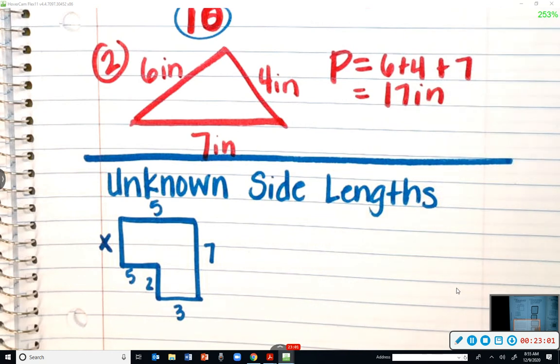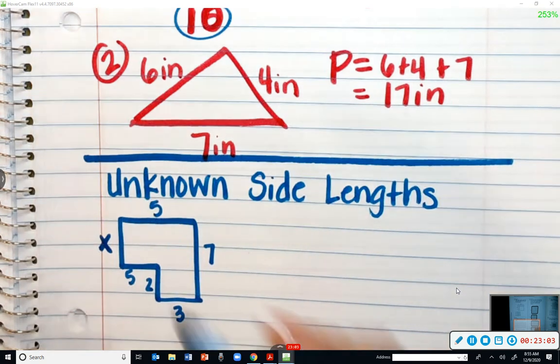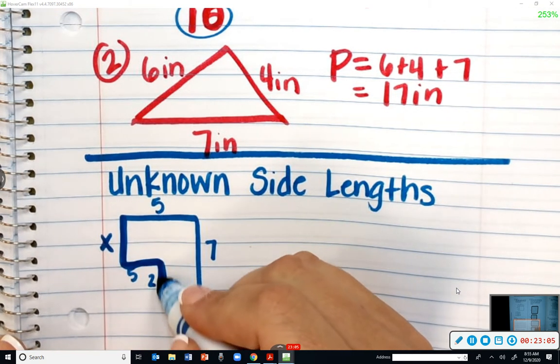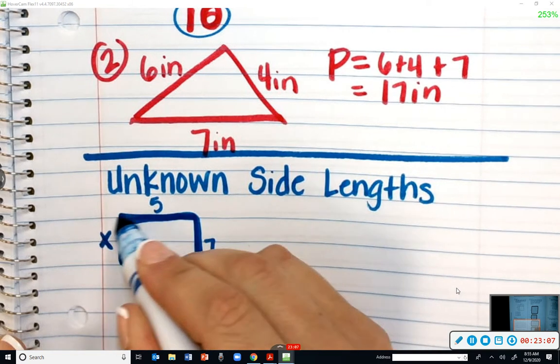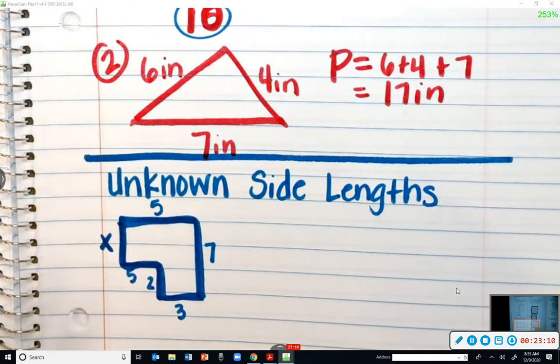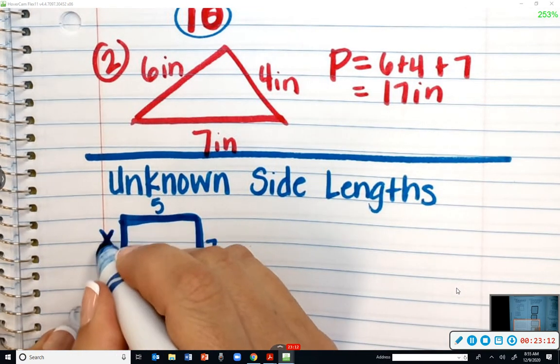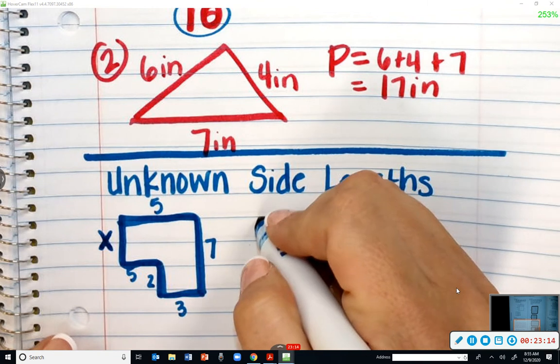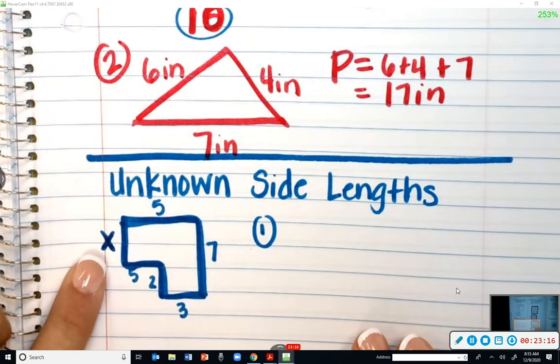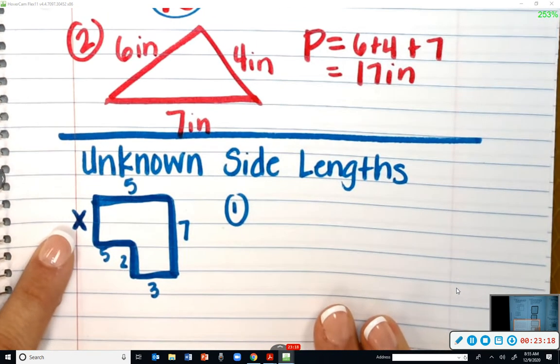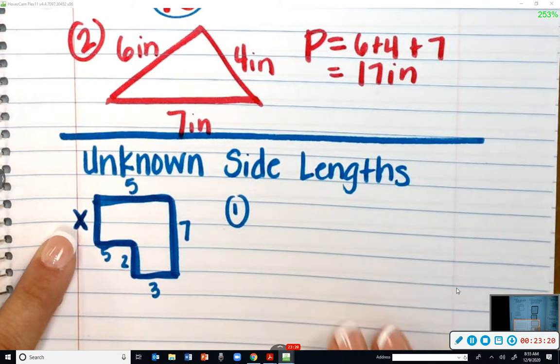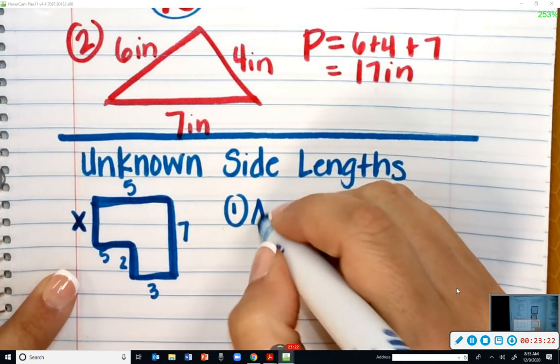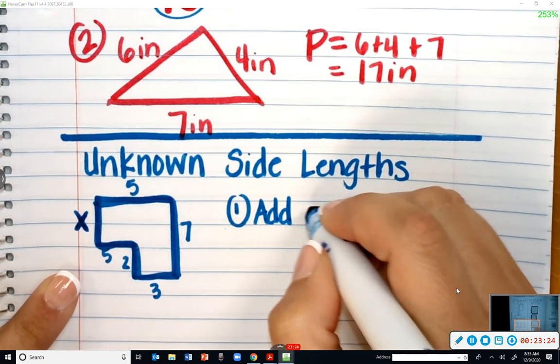Okay, so I just drew this funky shape and I labeled all the sides. Before you start writing anything, who can tell me what I would do to find this missing side? What would be step 1? Kaylee? Add the numbers together. Add the sides you know.